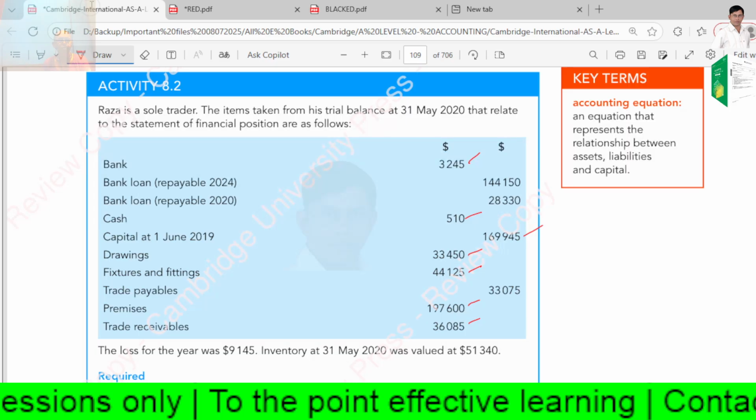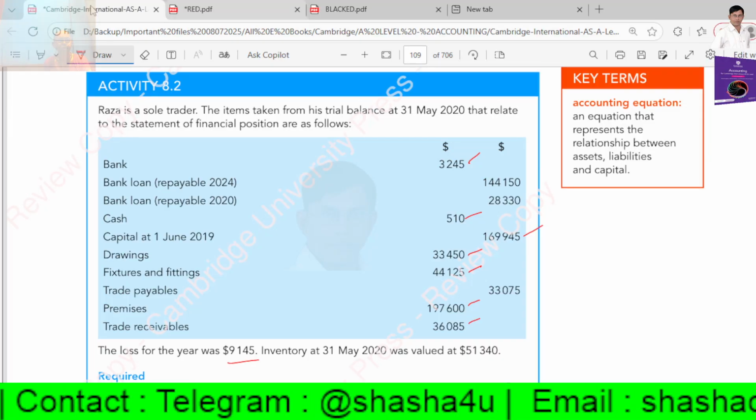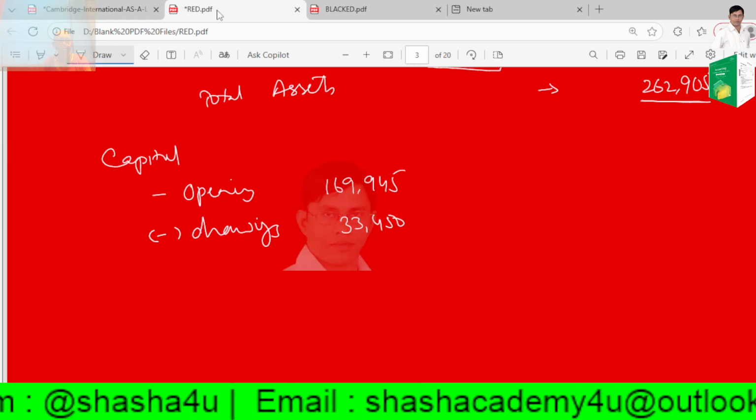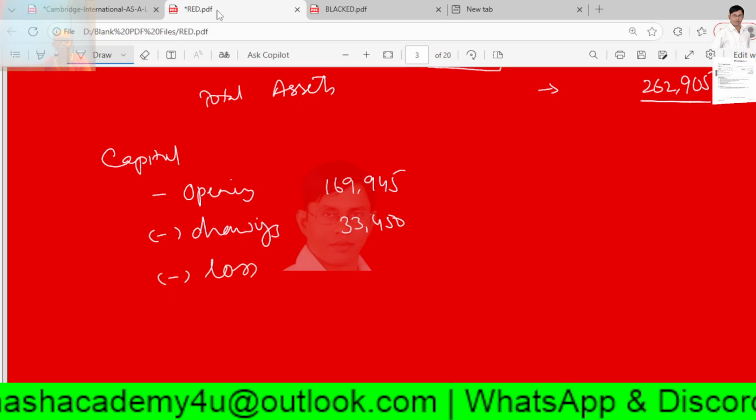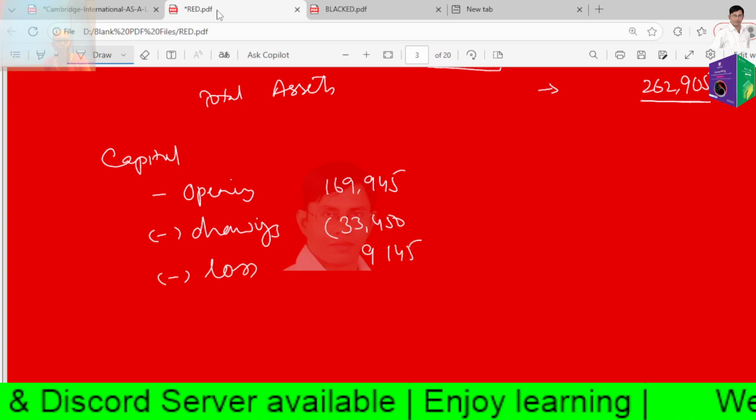It said there is a loss of 9145. So put it in bracket.